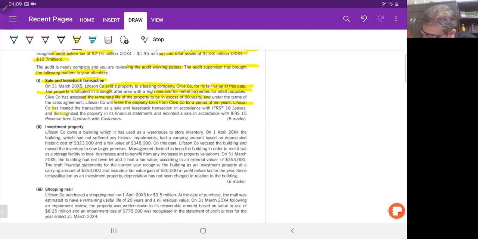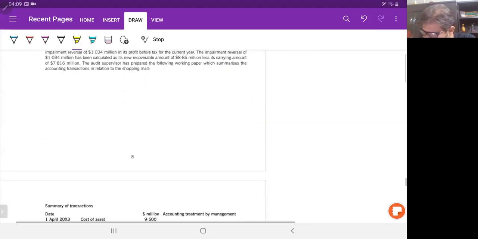Lifeson Co. has treated the transaction as a sale and leaseback in accordance with IFRS 16 Leases, derecognized the property, and recorded it as a sale in accordance with IFRS 15 Revenue from Contracts with Customers. This requirement will help us score 8 marks.